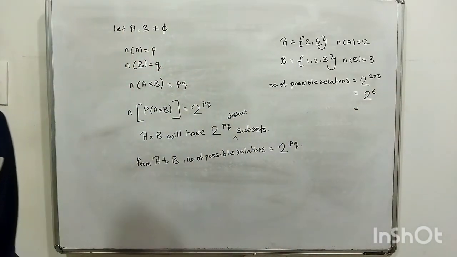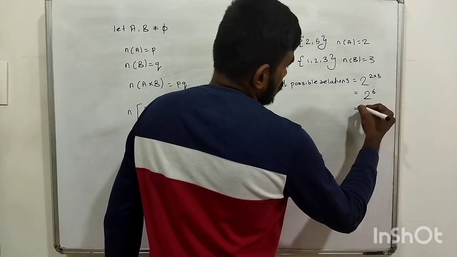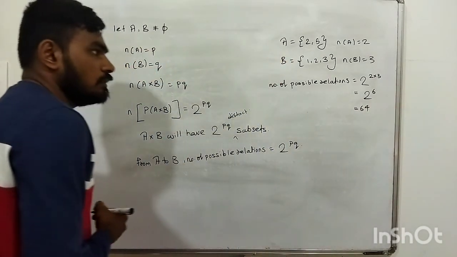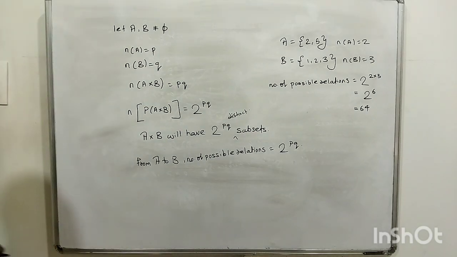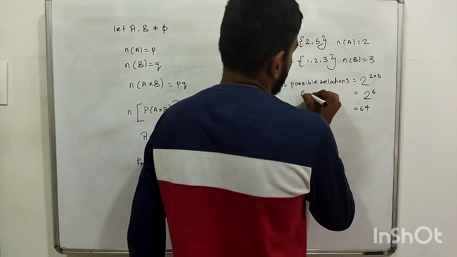Understood? 2 raised to 5 is 32, 2 raised to 6 is 64. So 64 different relations can be made from A to B.